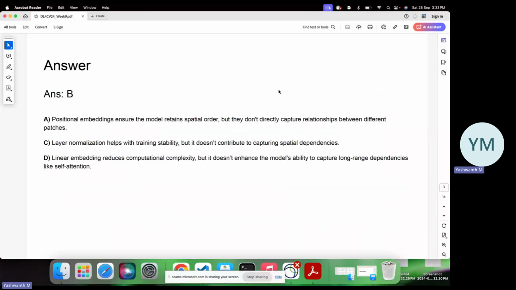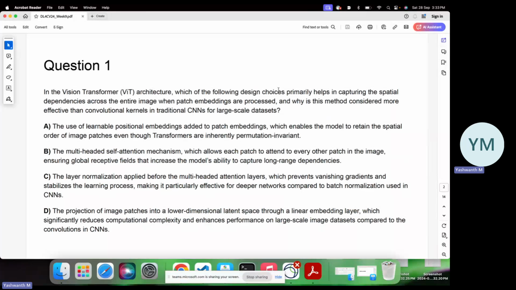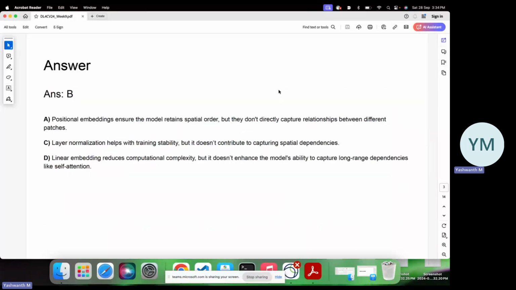So the answer is B, which is nothing but the multi-head self-attention mechanism, where each patch attends to every other patch. It gives an importance score to every other patch, and then linearly combines the tokens appropriately. So this ensures that the receptive field is global at each layer of the transformer.